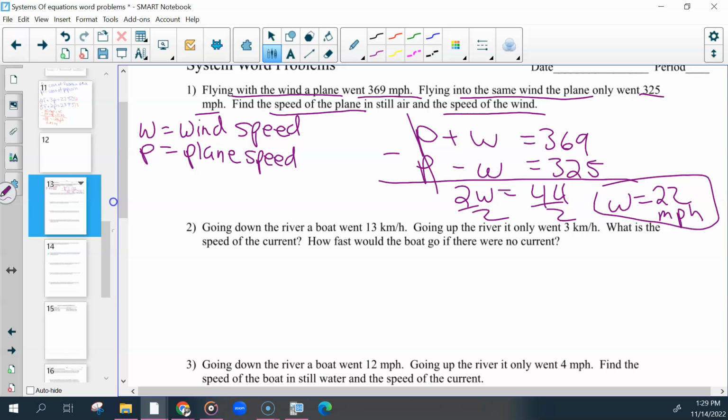Questions so far? Use W to go back and find P. So subtract if you use the first one, add if you use the second one.